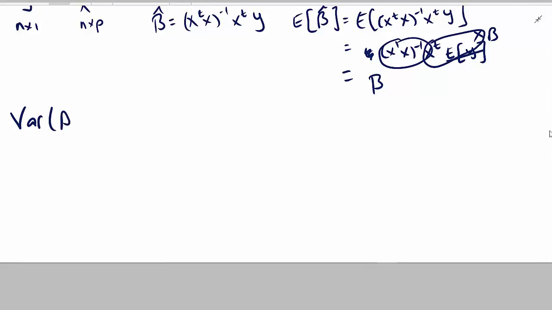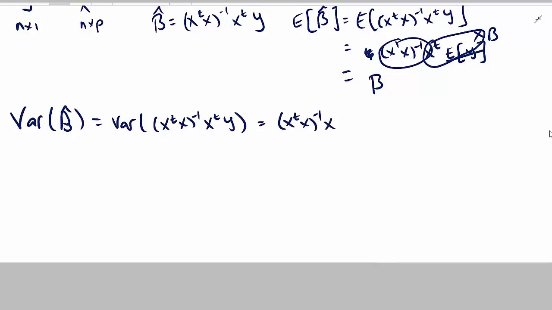The variance of beta hat is equal to the variance of x transpose x inverse x transpose y, which is equal to x transpose x inverse x transpose, times the variance of y, and then times the matrix transposed again, x, and x transpose x inverse is symmetric, so that's just x transpose x inverse again.